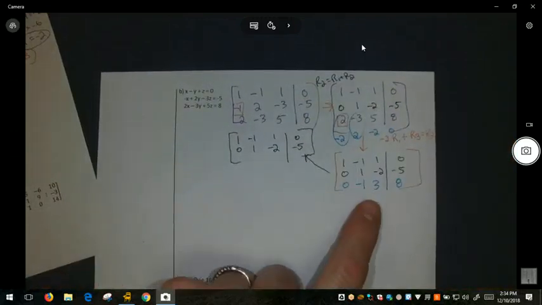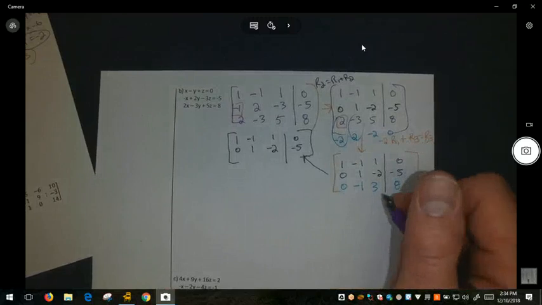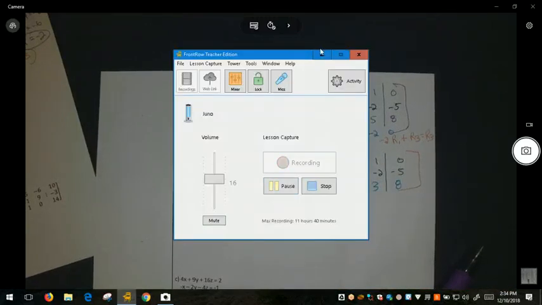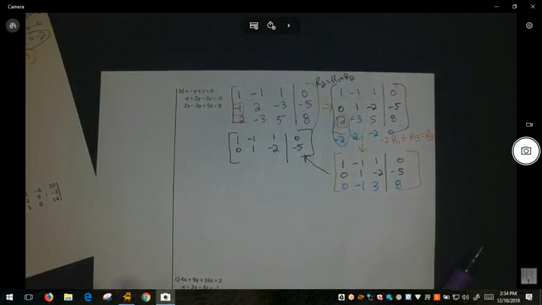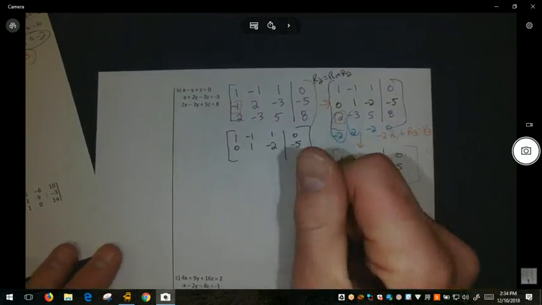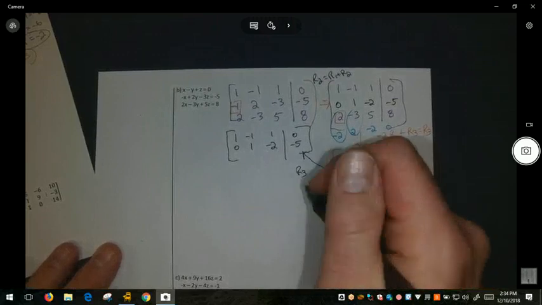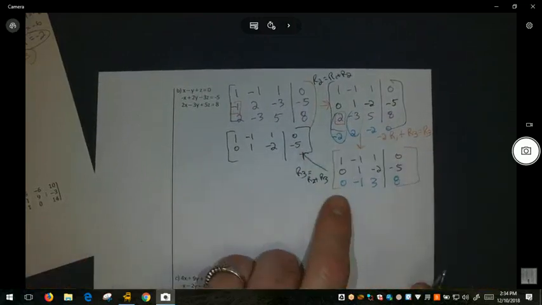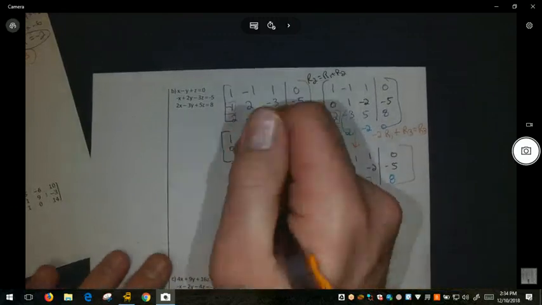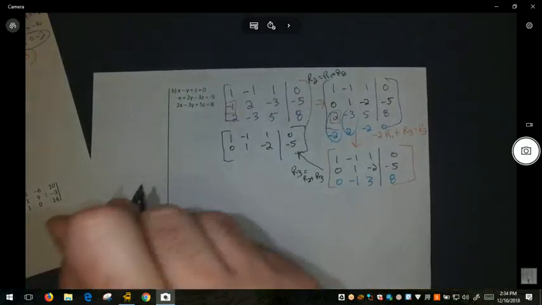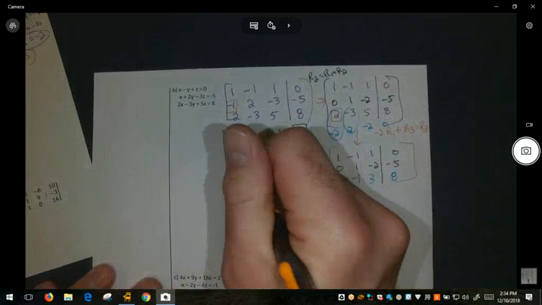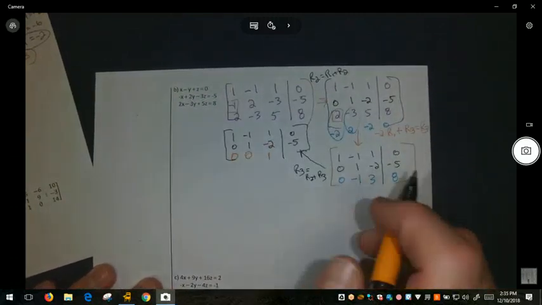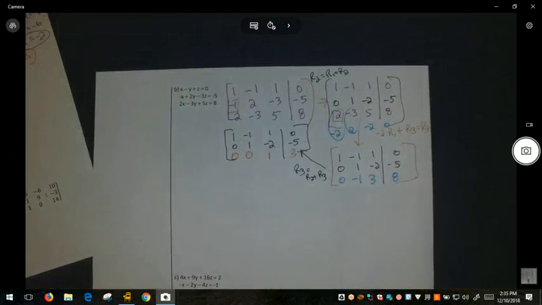I want this to be a 0, so I'm going to get my new row 3 by adding row 2 and row 3. So I'll have 0, 0, that was my goal, was to get this 0, 1, 3.